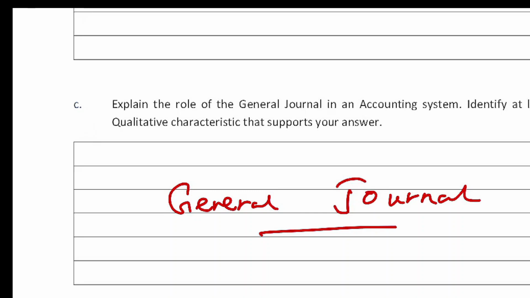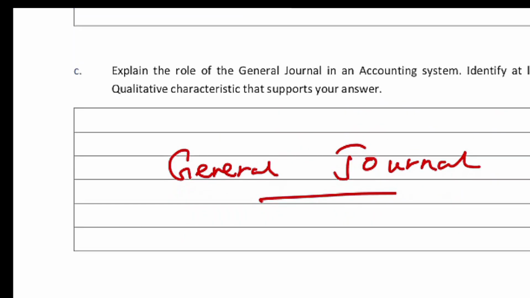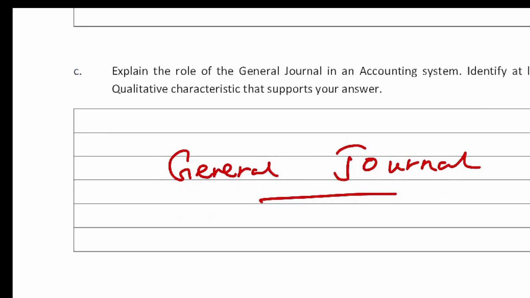Okay guys, then we go to the question. Explain the role of the general journal in an accounting system. Identify at least one characteristic.